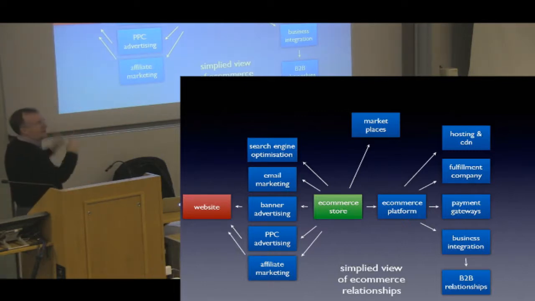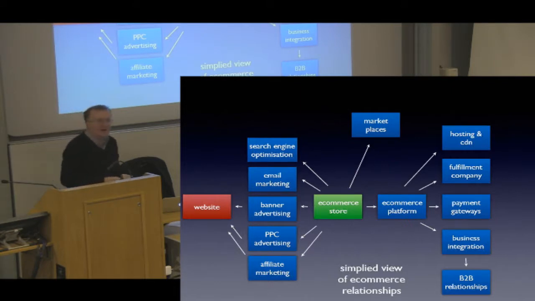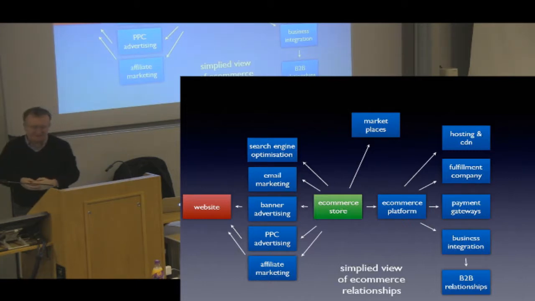The red and the green are really the two opportunities you have. You have an opportunity to set up an e-commerce store, and that's what we'll talk about in a minute. But you also have the possibility of setting up a website that helps another e-commerce store make money. So that red square could be yours, or the green could be yours. And what we'll be looking at for the rest of this is some of those different pieces.